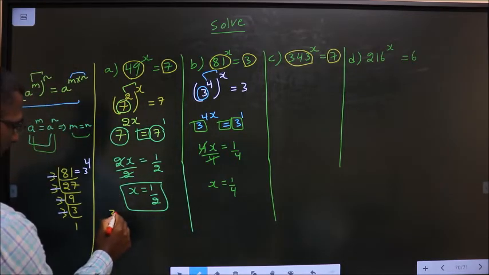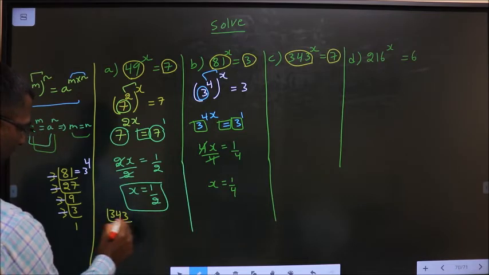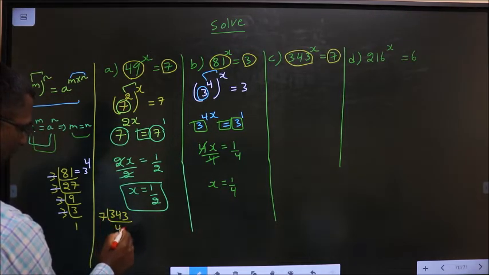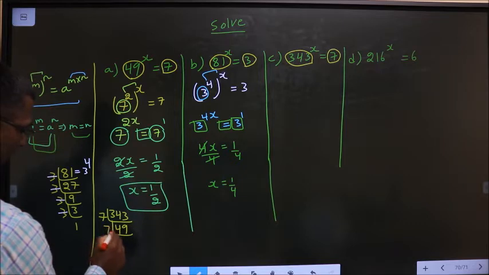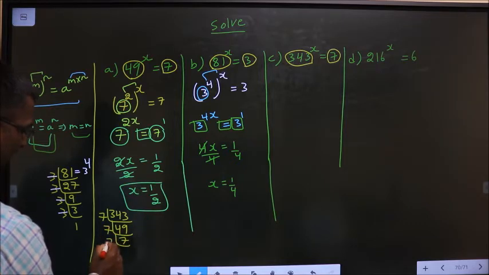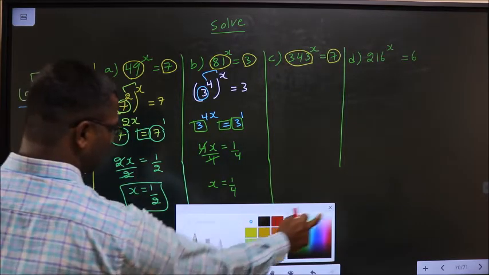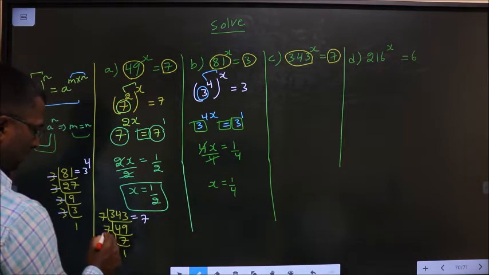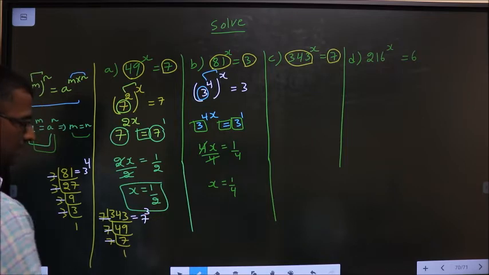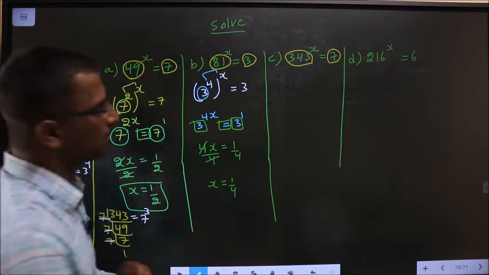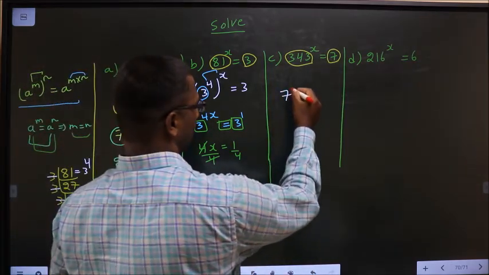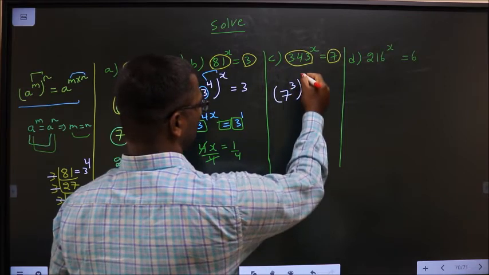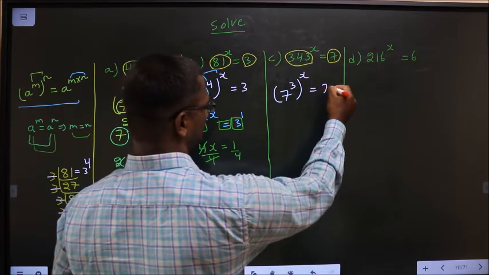So for 343, starting with 7: 7, 49, then 7 sevens and 7 ones. So 343 is nothing but 7 power what number? 1, 2, 3. 7 power 3. So let us replace it there. So 7 power 3 power x equal to 7 power 1.